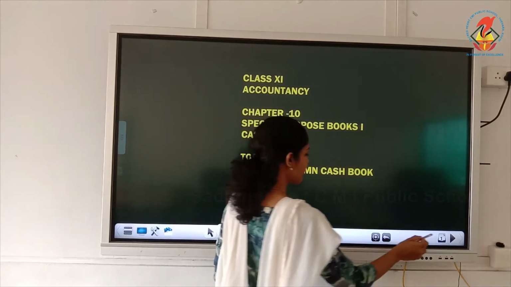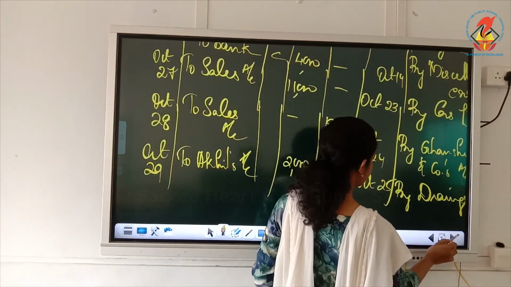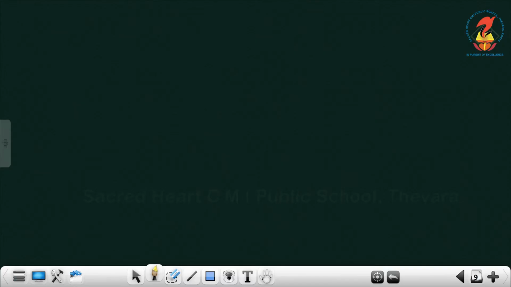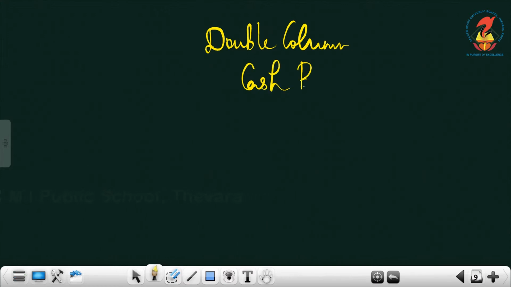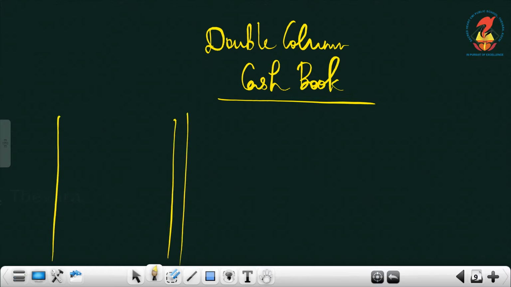So, draw the format. You write double column cash book. Give the column headings.